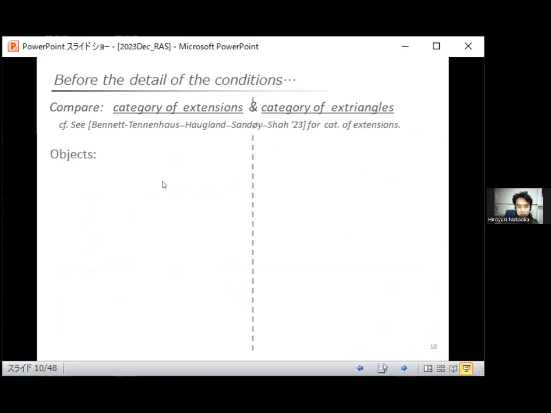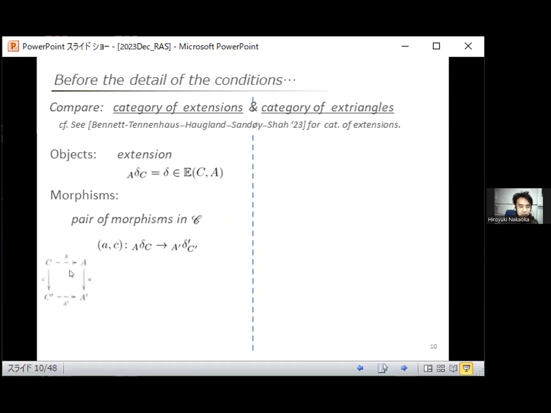In the category of extensions, objects are extensions, namely delta in E(C, A) for some pair of objects C and A in the category C. A morphism from delta to delta prime is sometimes depicted like this. Here delta is an extension, and delta prime is also an extension. So these are the objects.